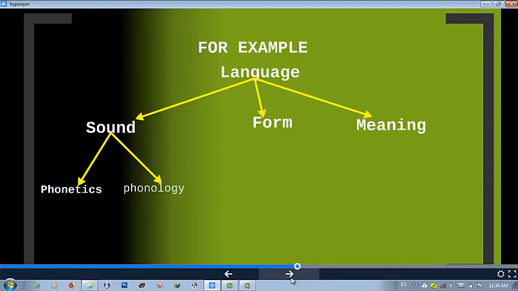Once more, that is the sound. The sound is divided into phonetics and phonology.